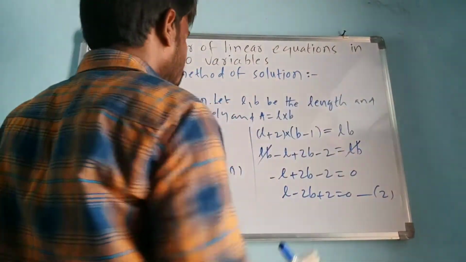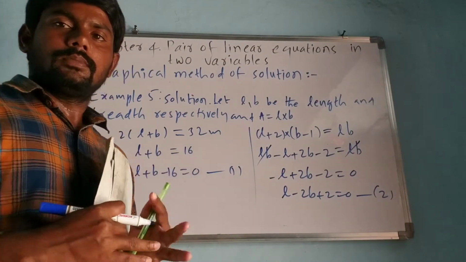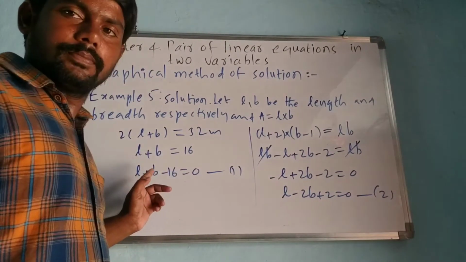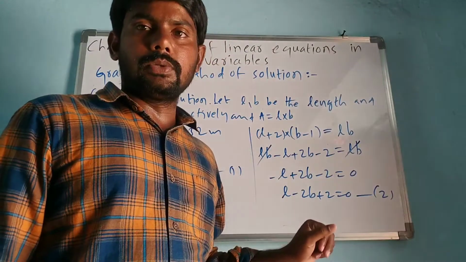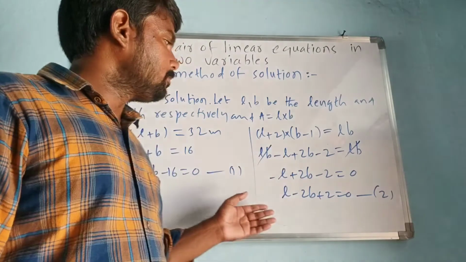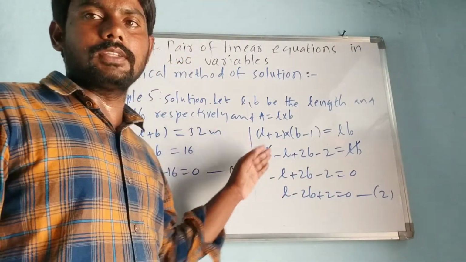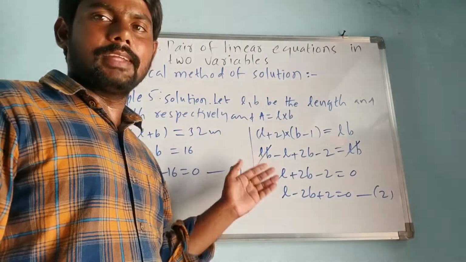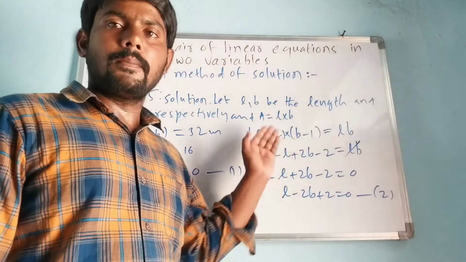So we are discussing the graphical method. So that's why we have to find out the table for equation 1 and the table for equation 2 separately. Then we get the points. By plotting the points on the graph, we get the solution, or the length and breadth of a rectangular plot.